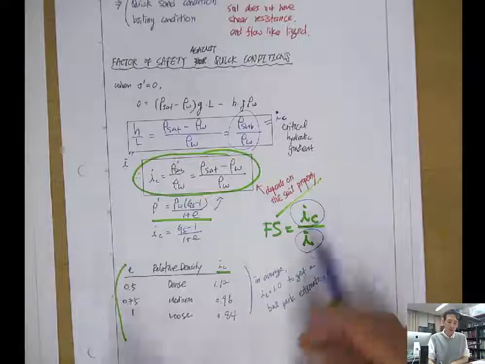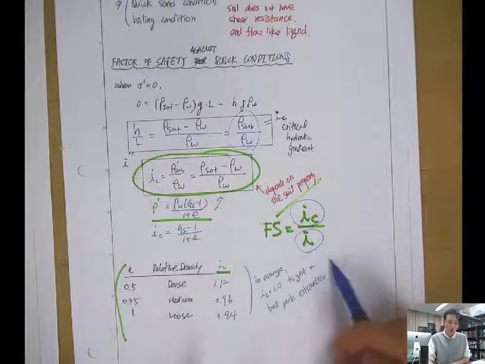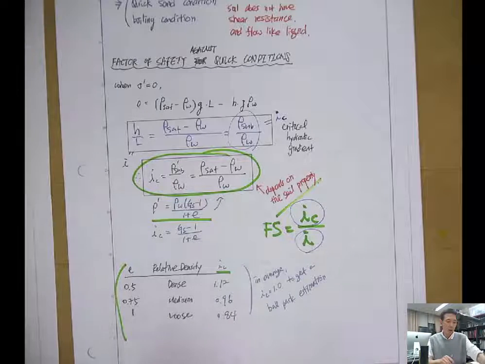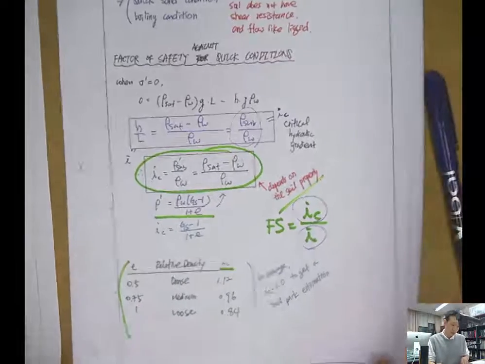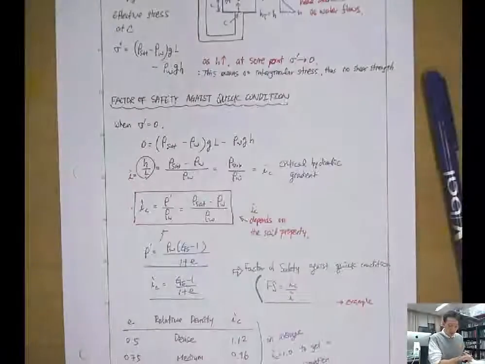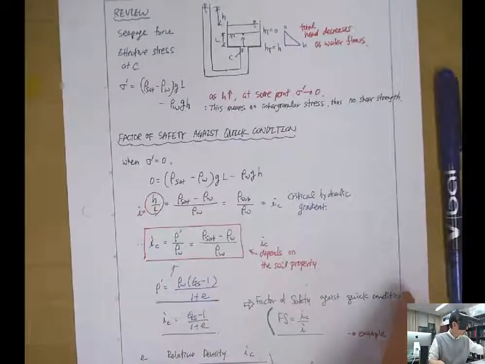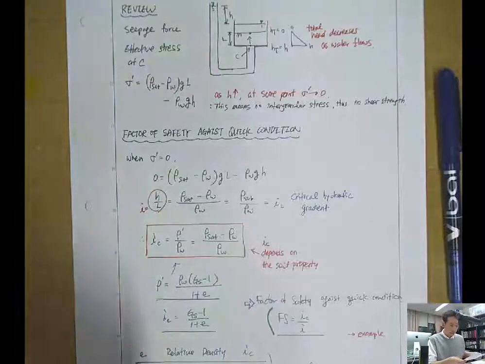This i is H over L, which is given by the geometric condition at the site. Okay, so this is the same, just a review in a page.